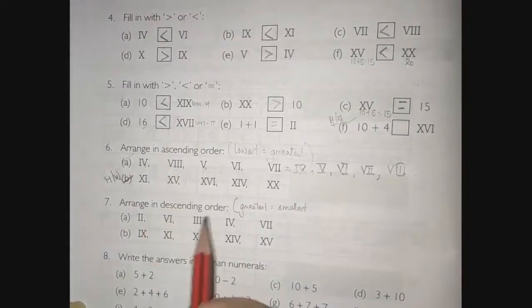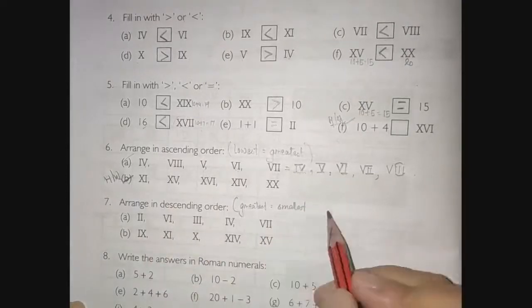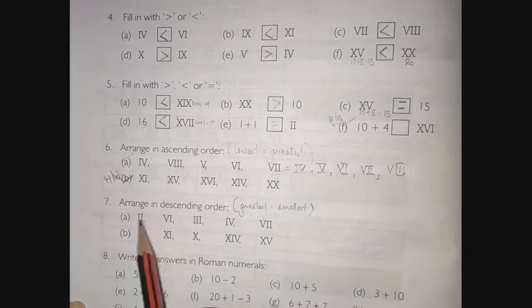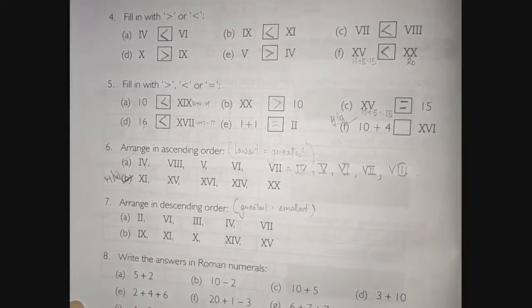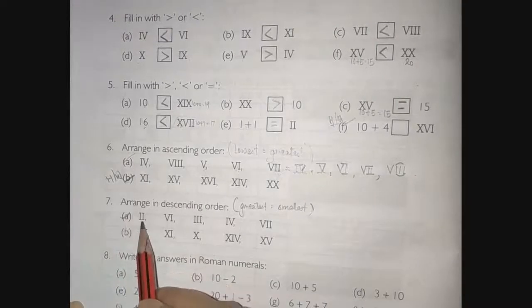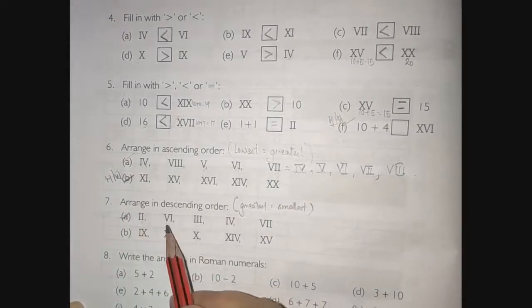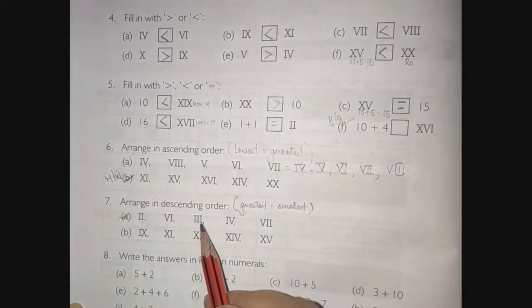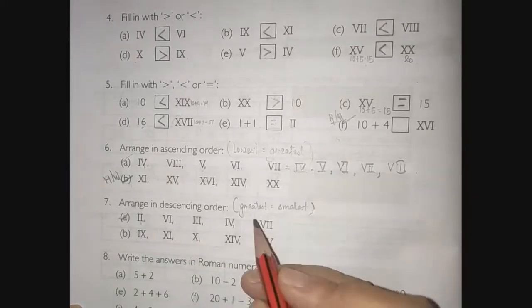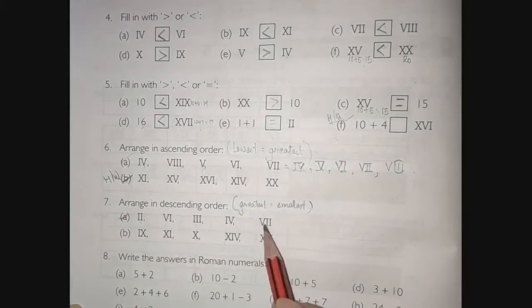Now number 7, children, arrange in descending order. Descending order means, I have already told you, greatest to smallest. So here I will find the greatest number first and I will write it. So see, children, number A, II means 2, VI means 6, III means 3, IV means 4, and VII means 7. So what is the greatest among them?